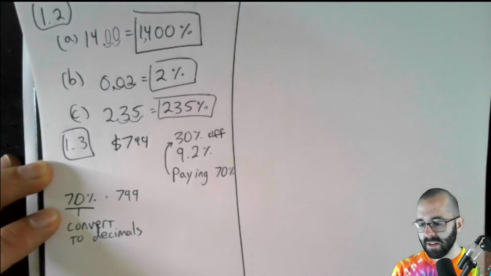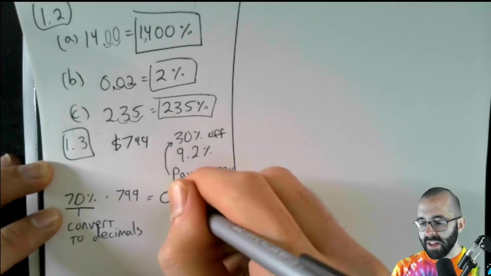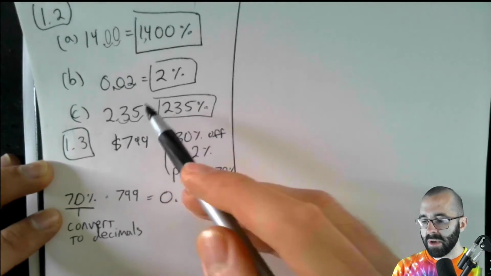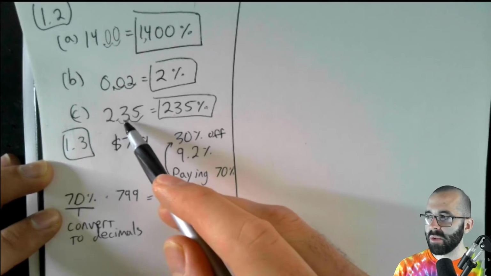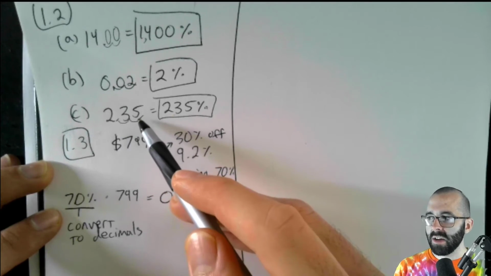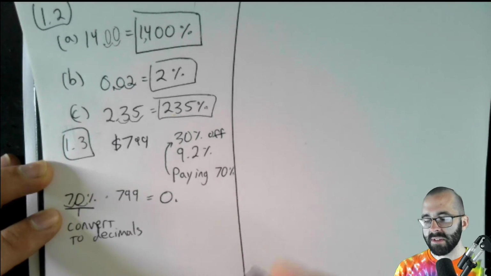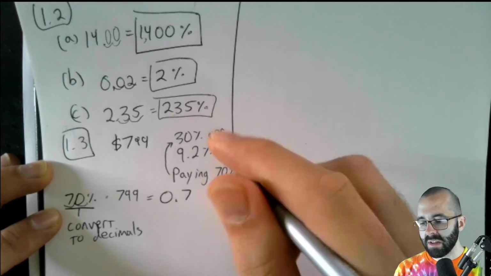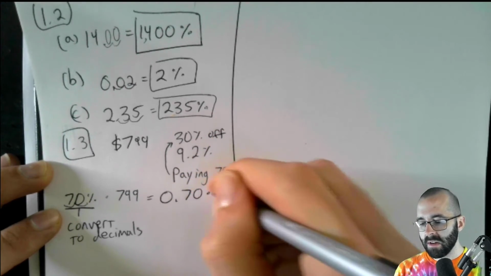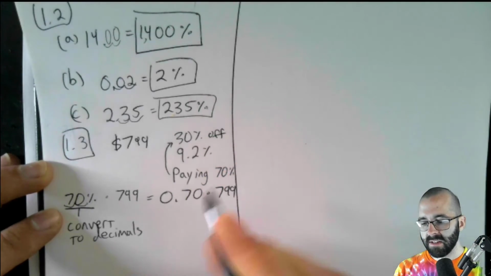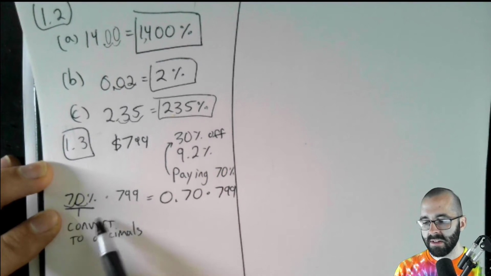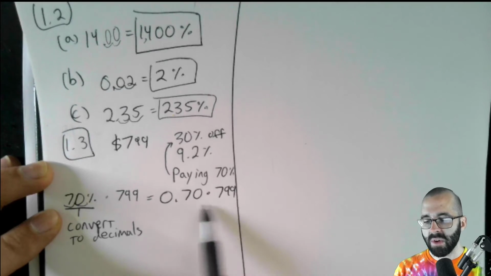In the past, to convert something to percent, we move the decimal 2 to the right. Well, to go the opposite way, we're going to move the decimal to the left. So it becomes 0.70 times 799. This is going to be the price that we're paying.